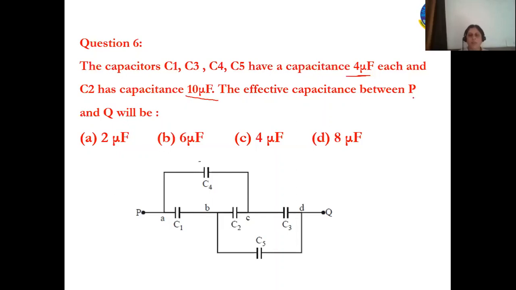You are supposed to calculate the effective capacitance between the points P and Q. Now what kind of circuit is this? It is nothing but a Wheatstone's bridge. The combination forms a Wheatstone's bridge.